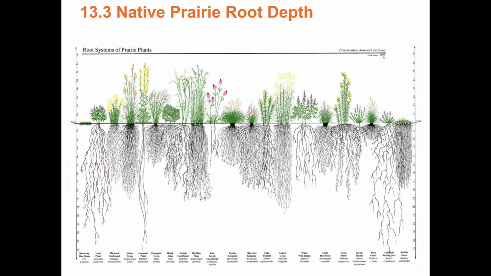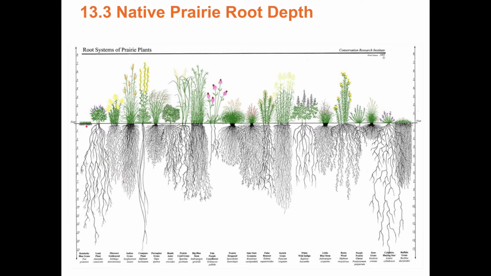Another diagram: prairie root systems. The scale across the side is feet, up to 15 feet. So the native prairie vegetation is just outstanding. It's well adapted to the climate. It maintains soil health.